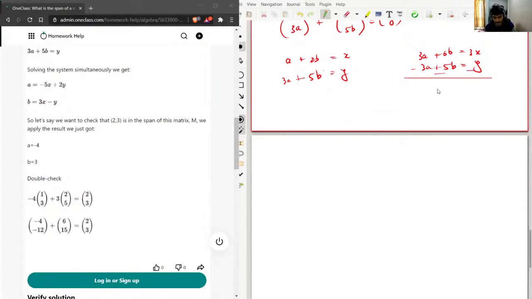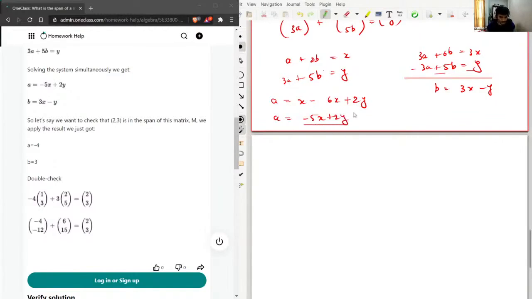Subtracting, this will become b equal to 3x minus y, and then we put the value of b here. So a equals x minus 2 times (3x minus y), which becomes x minus 6x plus 2y, so it will become minus 5x plus 2y.